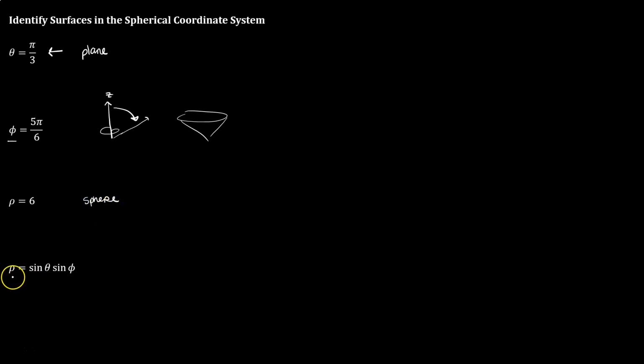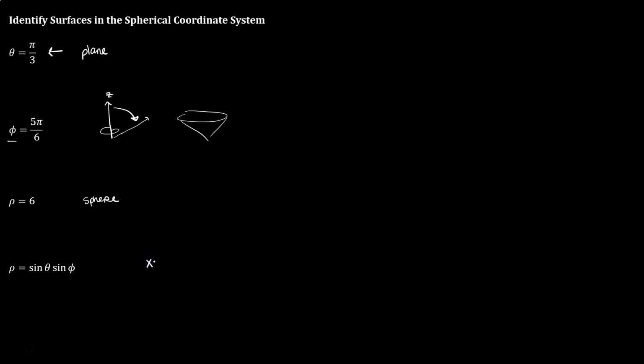And then down at the bottom, we have rho equals sine theta, sine phi. Now, this is definitely a function of both theta and phi. And if we wanted to figure out what this surface would look like, we would need to do some substitutions. To translate this into an equation that we recognize in rectangular coordinates, let's first remember how to translate from spherical to rectangular.